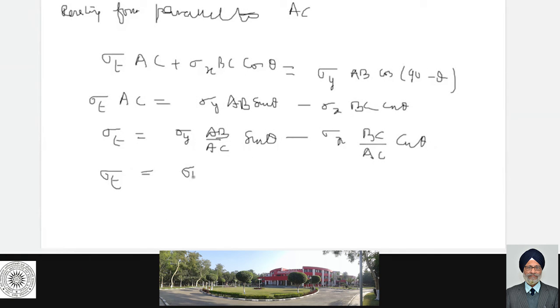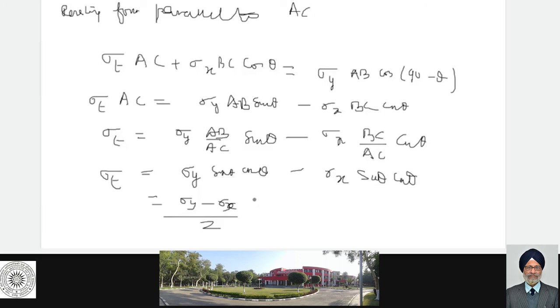So it is sigma y sin theta into cos theta minus sigma x, BC upon AC is sin theta. So it is sin theta. So it is taken as sigma y minus sigma x upon 2.